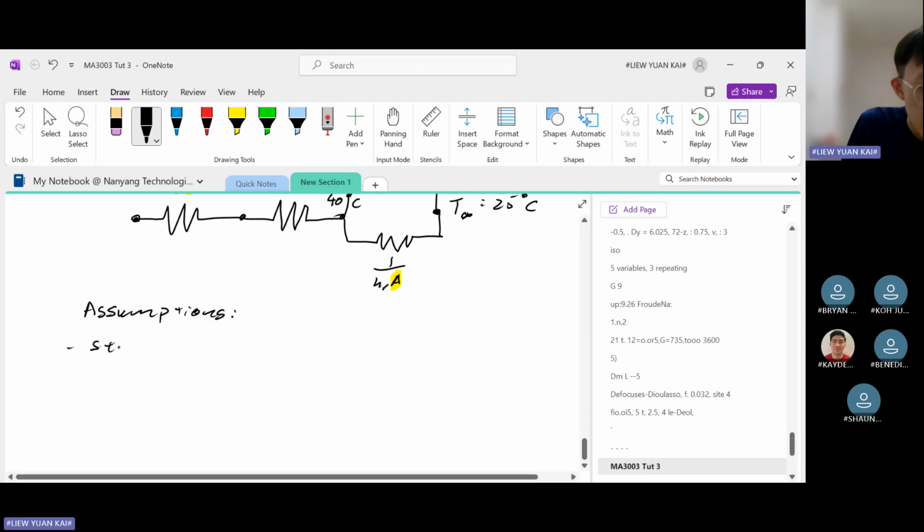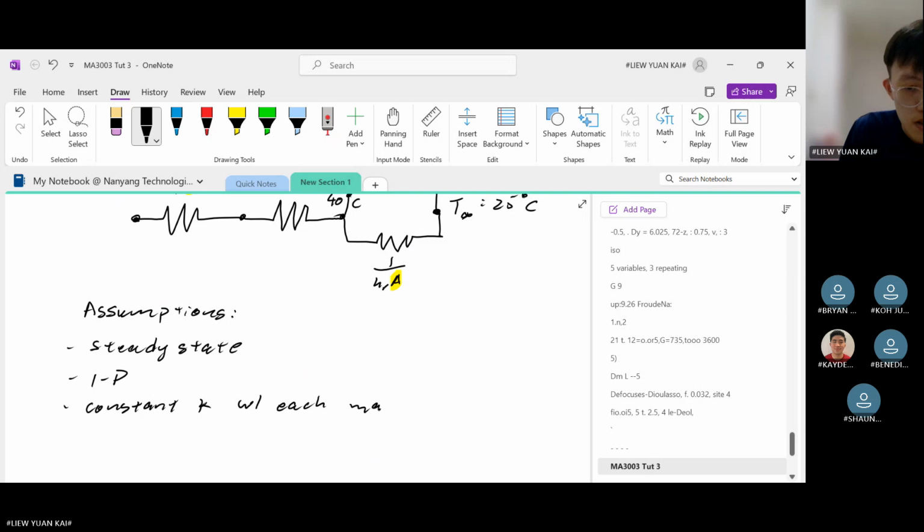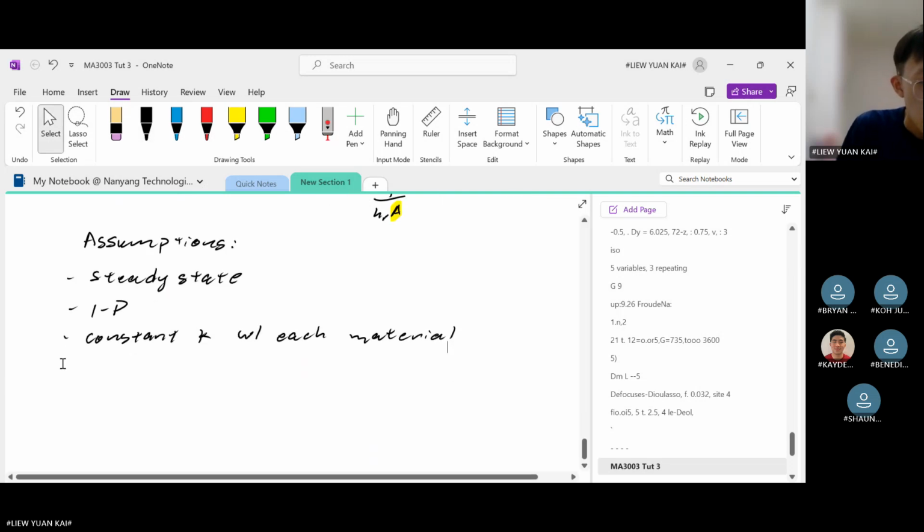So we have steady state, 1D, constant K with each material, no heat generation.